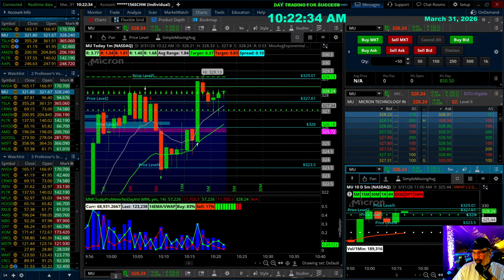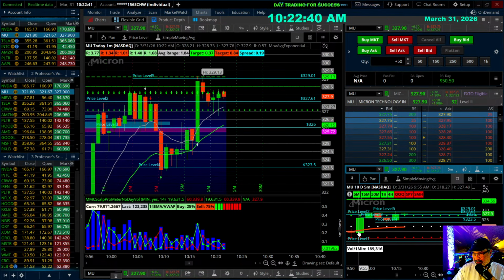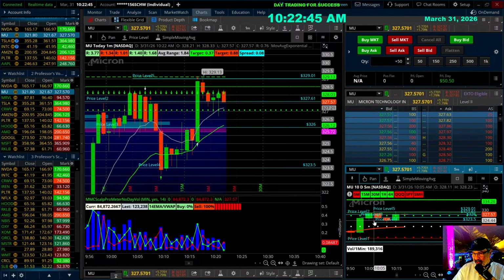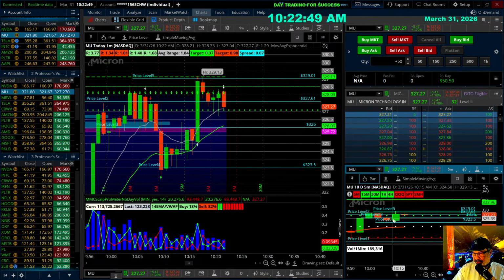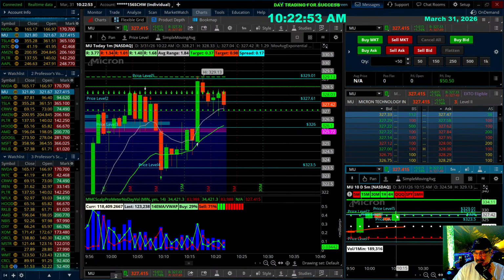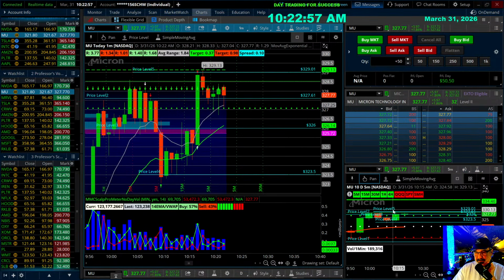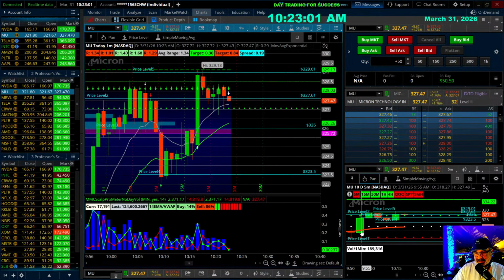Yeah, so it did make a bull flag. All right, so what is the 82% accurate? So 318 up to, so a $2 move from here. So it should go to 26. It already is. Yeah, it's already past that. So it made its move. Did I get that wrong?